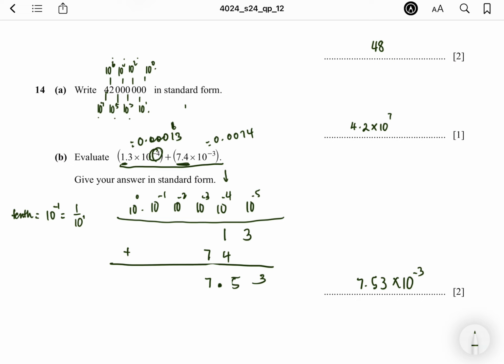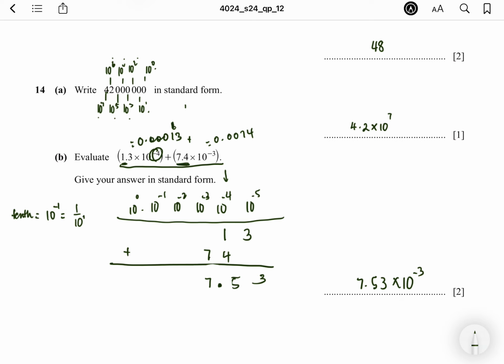Sini teacher bagi shortcut lah. So we only consider it as, we write it as in the form of the place value index form terus. Okay, so that's how you get 7.53 times 10 to the minus 3. Or you can campur saja tu decimal yang di atas sudah dicampur, you add it, still sama jawapannya, and change it into index form.